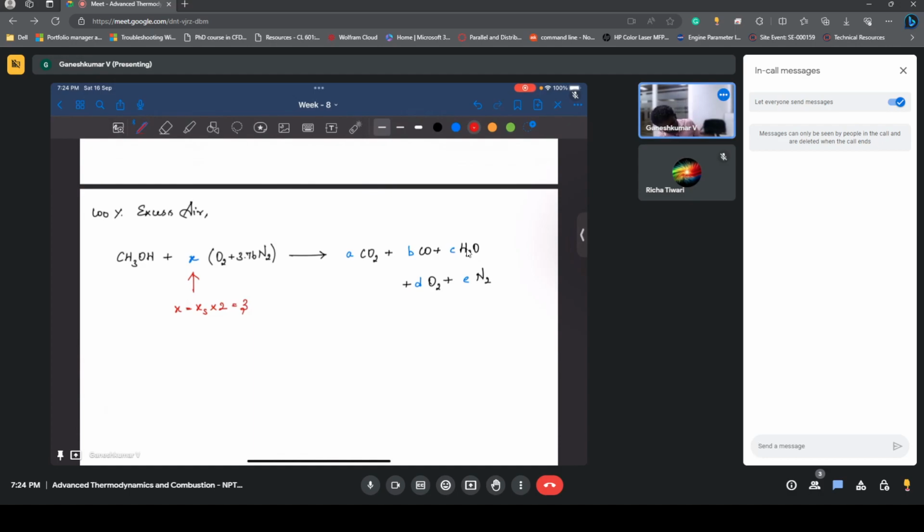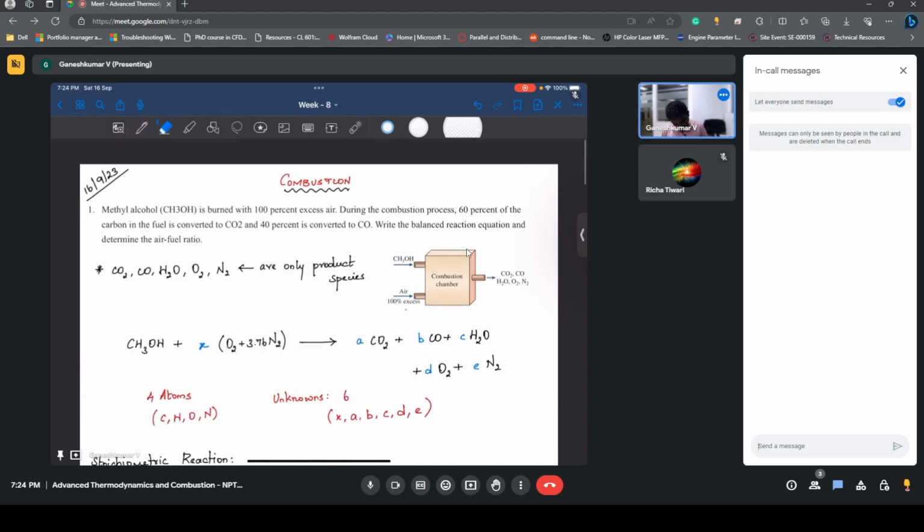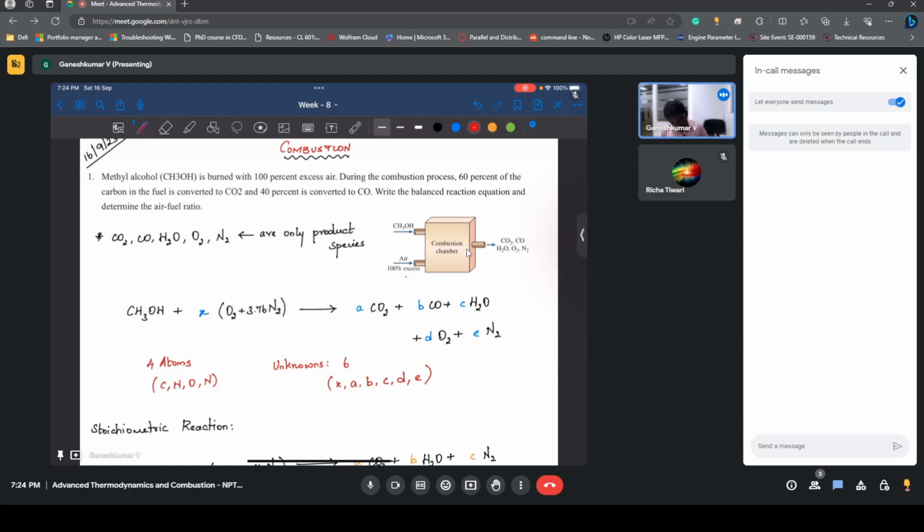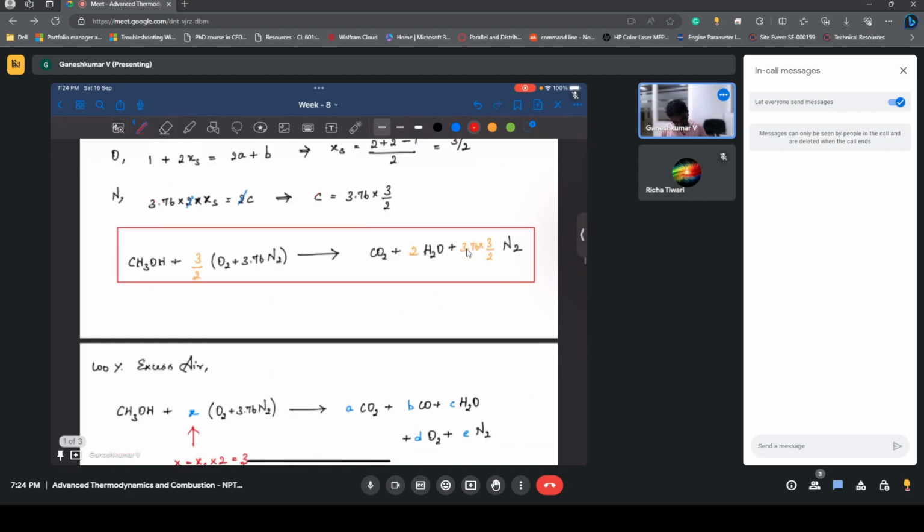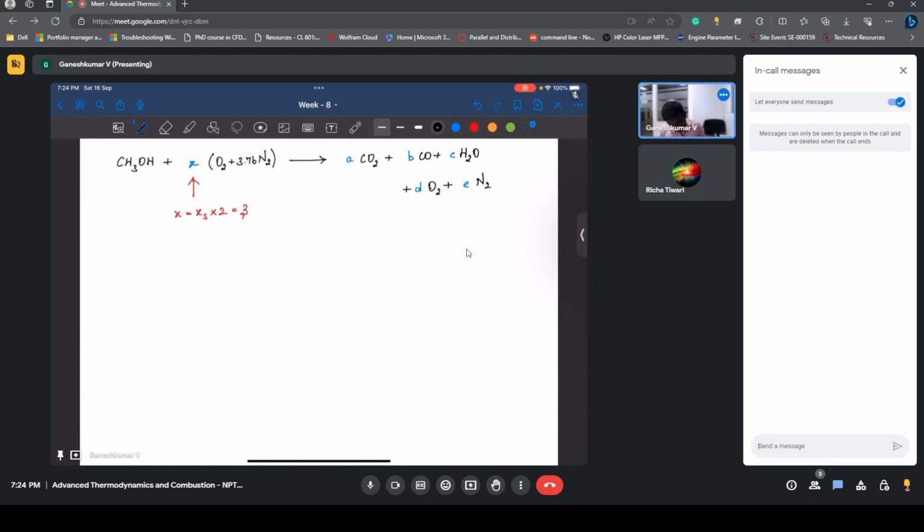So now what do we know? We also know that during combustion 60% of carbon in the fuel is converted to CO2. So this CH3OH, we have 1 kilomole, and 60% is converted into CO2 and 40% is converted to CO, which means if I have 1 kilomole I will have 0.6 kilomole of CO2.